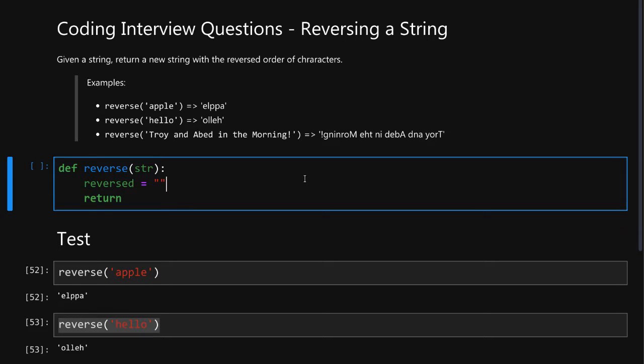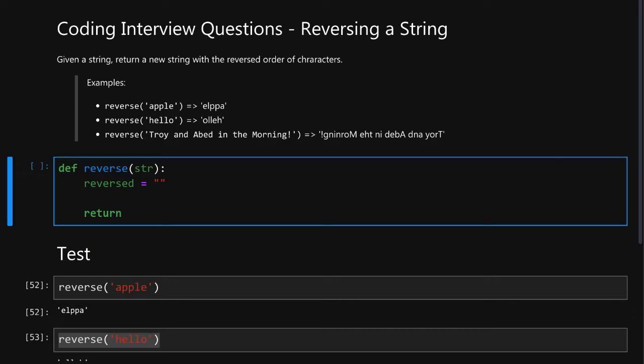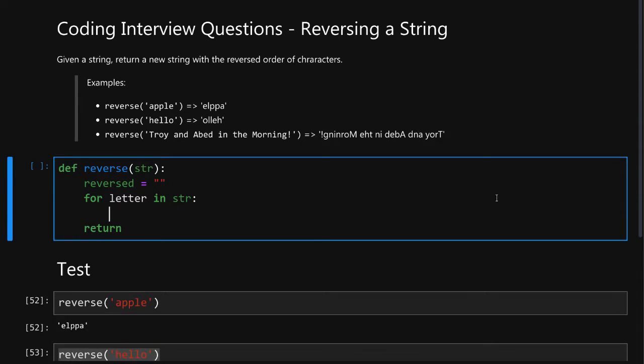like so, and then I'm going to, for each letter in our string, I will add it to the beginning of the reversed string, like so. Very simple.